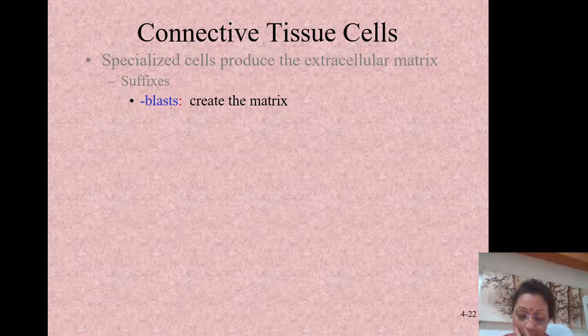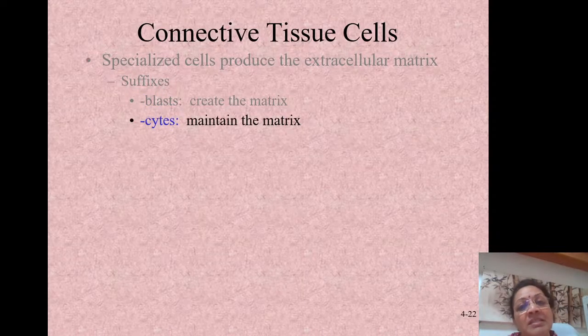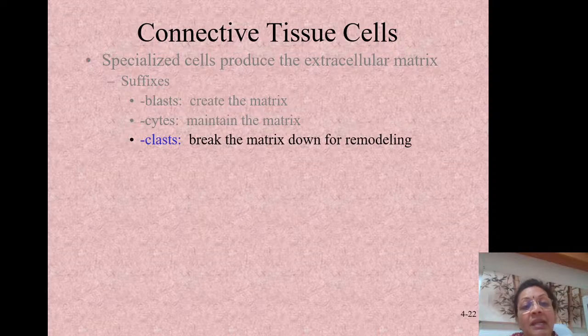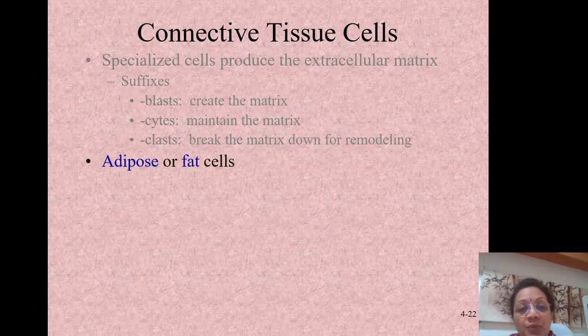blasts, X-blast, osteoblast, chondroblast, right? You can say adipoblast, though I've not seen it, erythroblast, right? Cytes, the ones which are seen commonly within the matrix. They've already finished producing the matrix, they're hanging around there and maintaining the matrix. Clasts, which break the matrix down for remodeling.